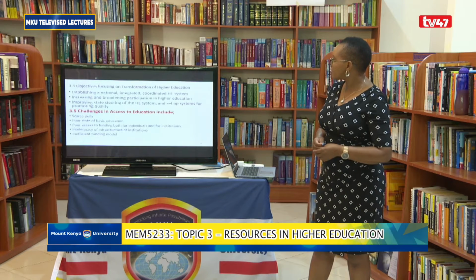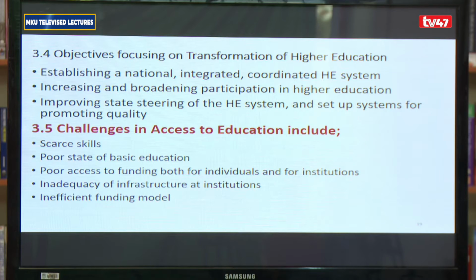Objectives focusing on transformation of higher education: establishing a national integrated coordinated higher education system, this is very good, where whatever you are teaching is so well coordinated, and we have a system that ensures that. And actually in Kenya we have the CUE, the Commission for University Education, which ensures that some of these things are taken care of.